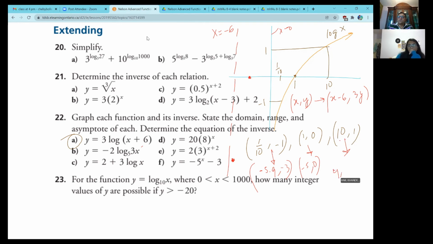And times 3 for 1, so we get 4 and 3, right? So at 4, we have 3. So let me just connect these points. Is it okay? So that is how we are going to sketch the logarithmic function as in 22a using the transformation properties. Is that clear to you?